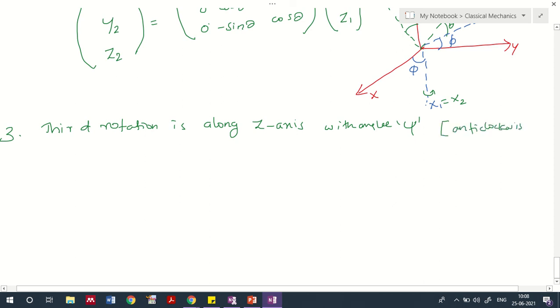By this rotation, we'll reach our body set of coordinates.